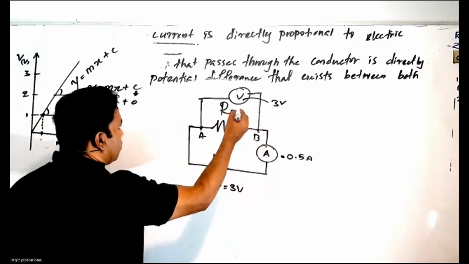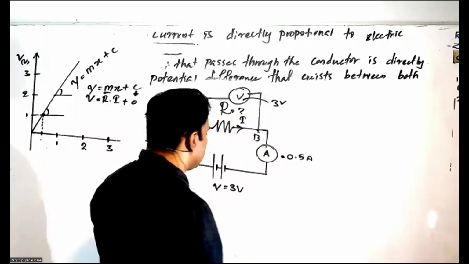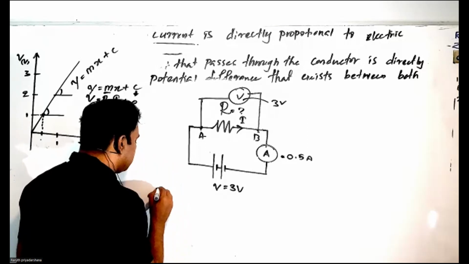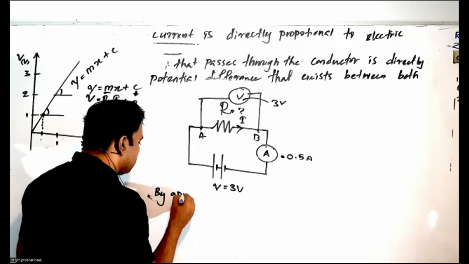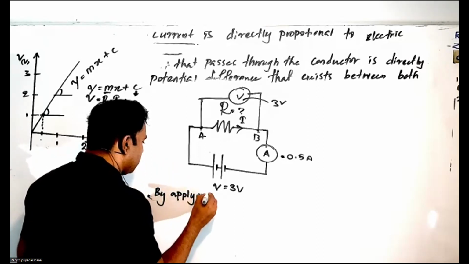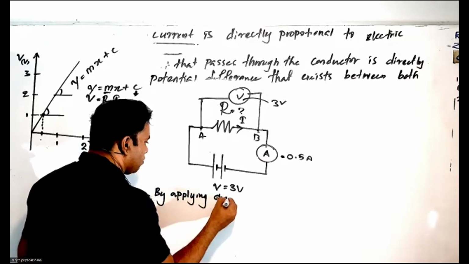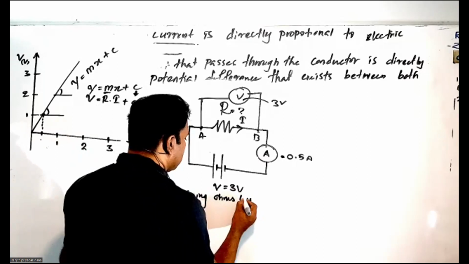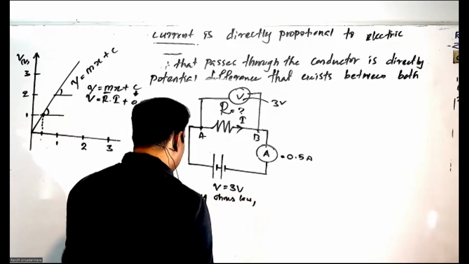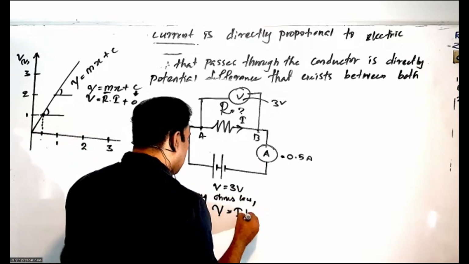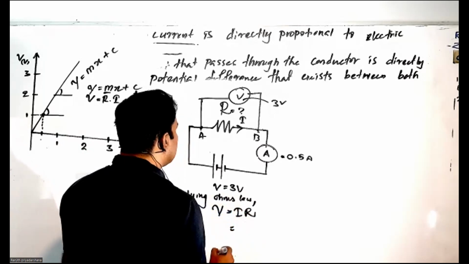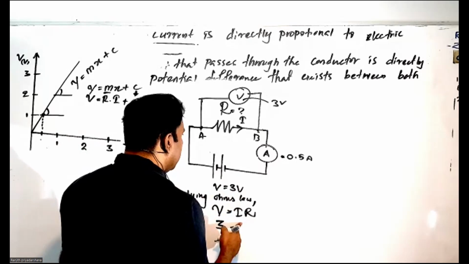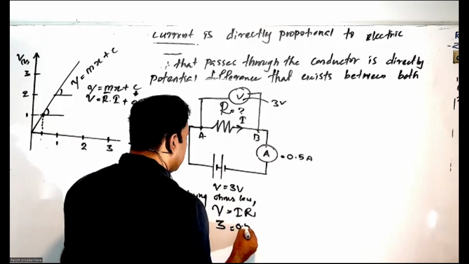Yes. What's the value of this resistance? By applying Ohm's law, V equals IR. V is 3 volt. I equals 0.5.